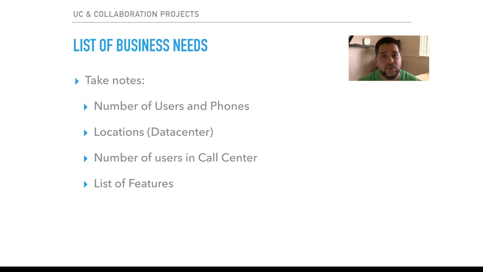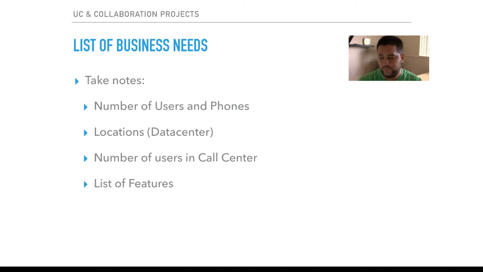Those are things you want to know. You want to know about the connectivity between those sites, and the basics to get started. This is going to help you with the design and planning of your project.